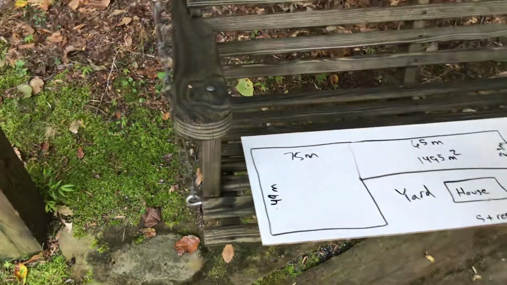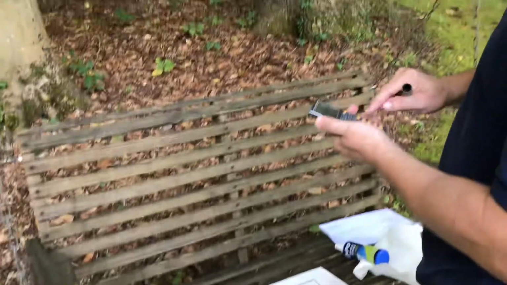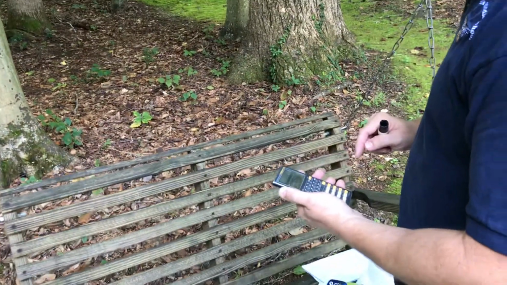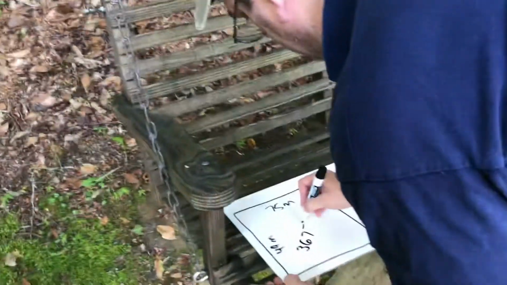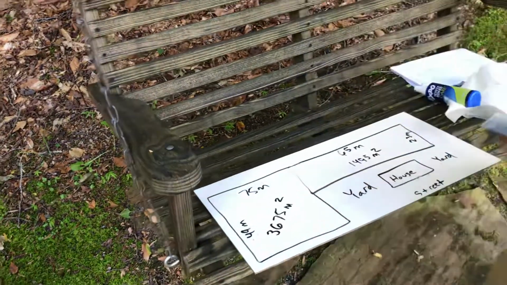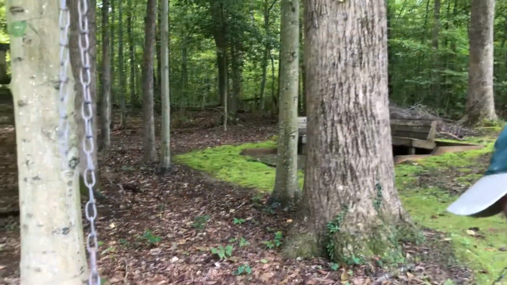So now my area there is 49 times 75 meters, and I get 3,675 square meters. So we've got the plot of woods behind me that's 1,495 square meters, and the plot to my left, 3,675 square meters.